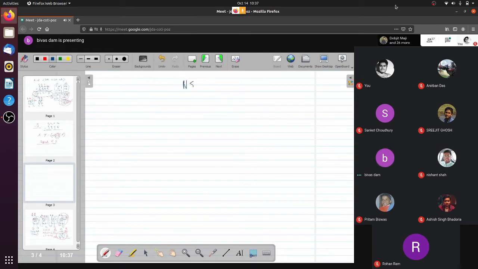So the number system is broadly categorized in two domains. One is the unsigned number system and the other one is the signed number system. In the case of the unsigned number system, all the n bits are utilized to realize the magnitude of the number.